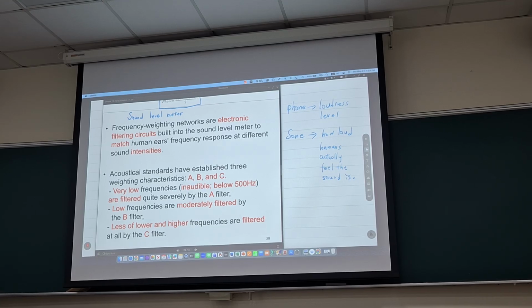So we can use a machine, a device called a sound level meter.